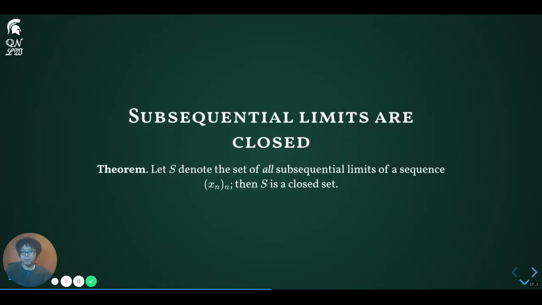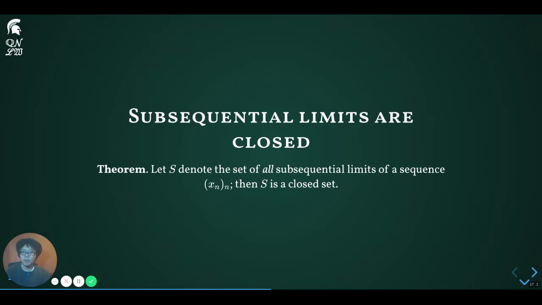The next theorem concerns the set of all subsequential limits of a given sequence. Let S denote the set of all subsequential limits of a sequence x sub n. Then, the set S is a closed set. This theorem puts severe limits on what can be the subsequential limits achievable by a sequence.